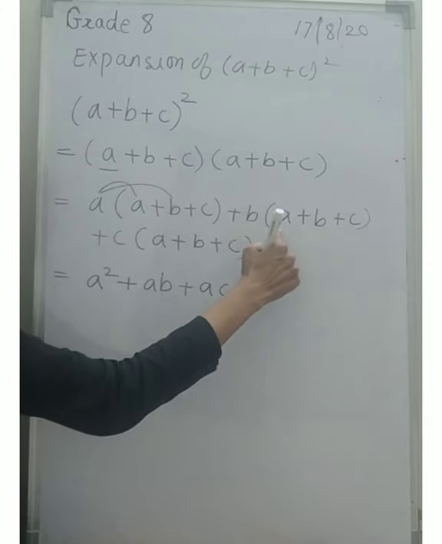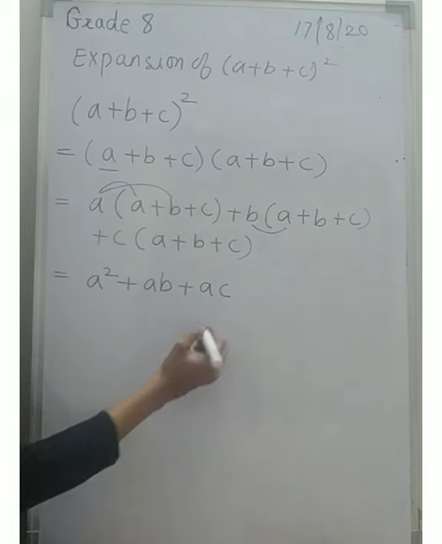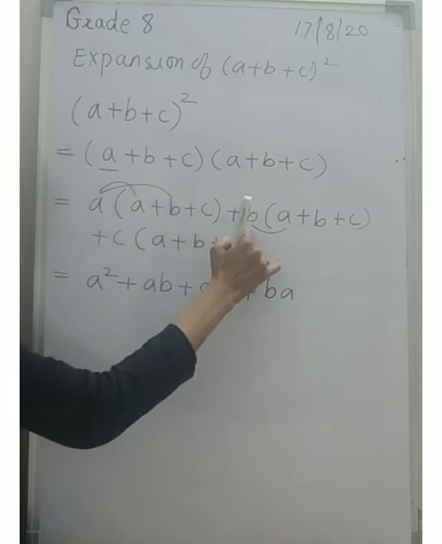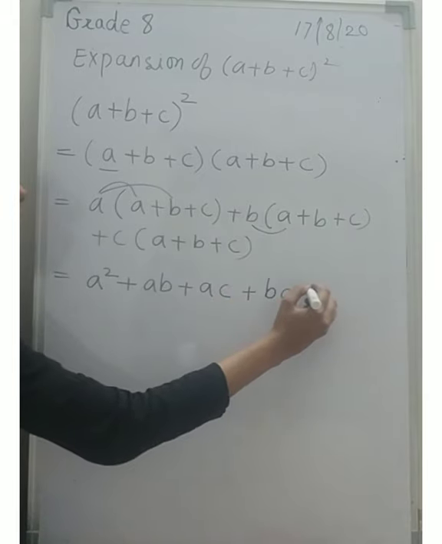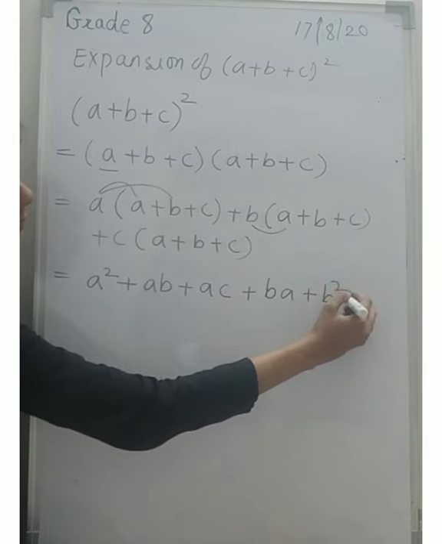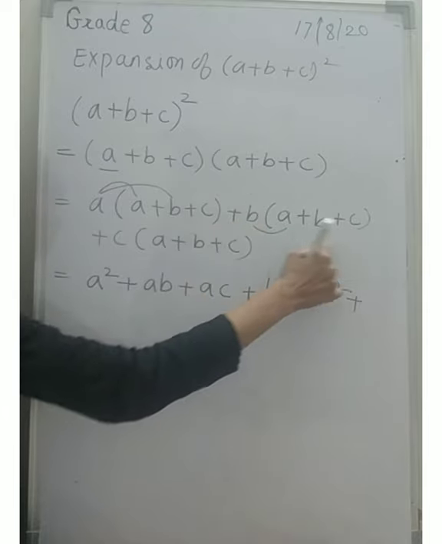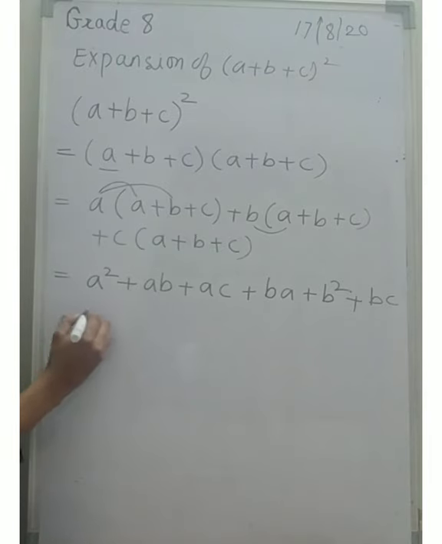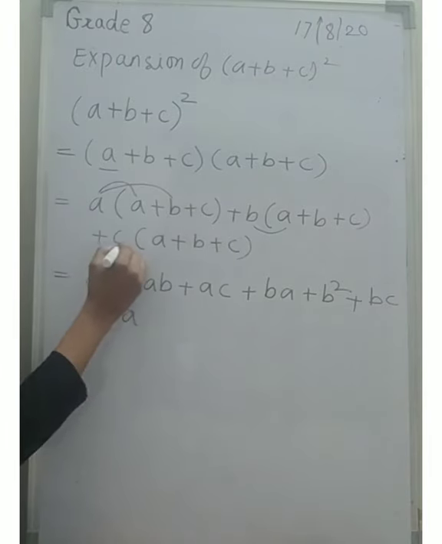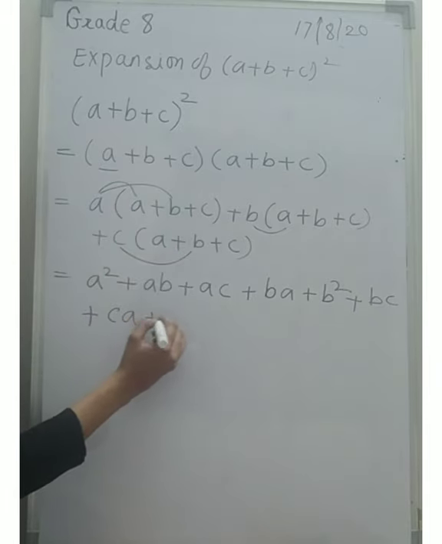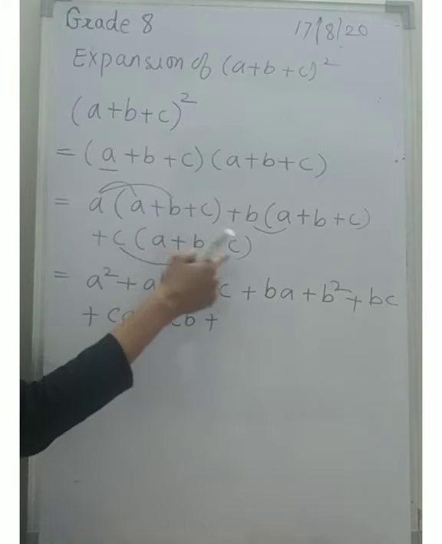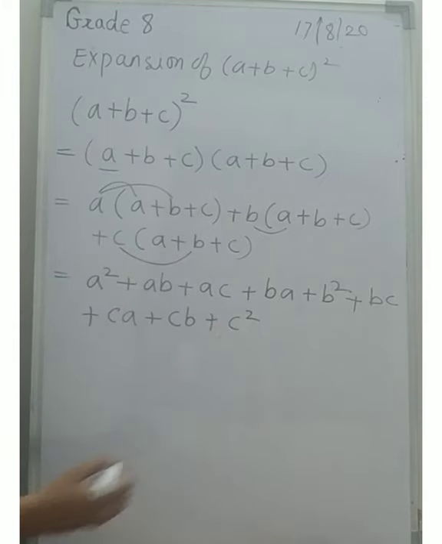Now similarly we multiply by b: b times a is ba, b times b is b², and b times c is bc. Plus c times a is ca, c times b is cb, and c times c is c².